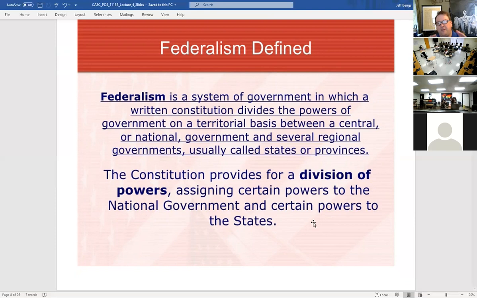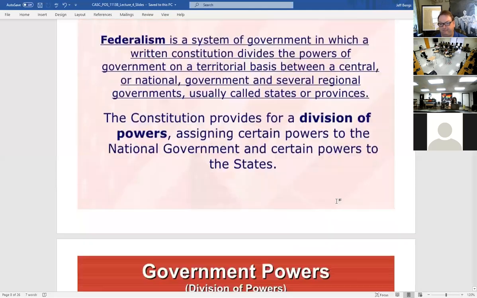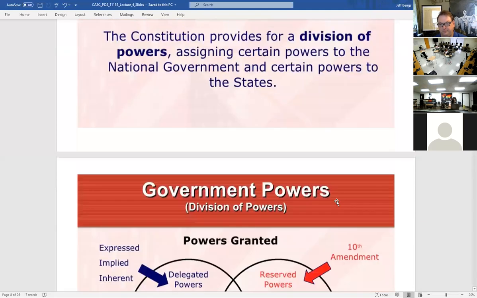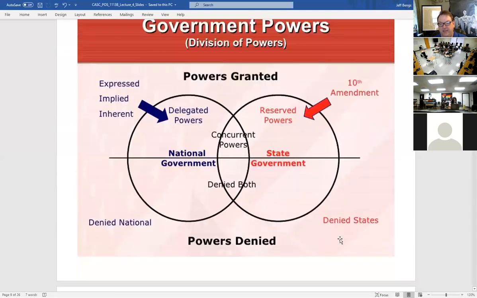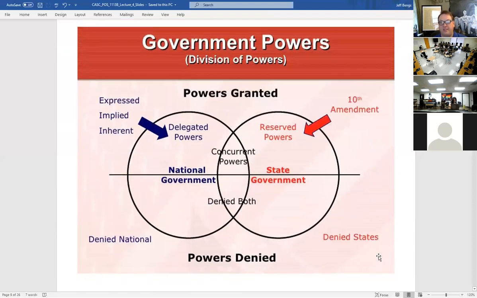So you have a division of powers within the federal government, and you have a division of powers between the federal government and the state governments. And these two circle charts will help us to illustrate this.